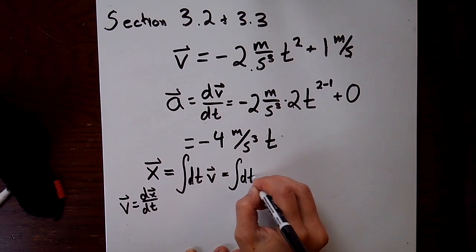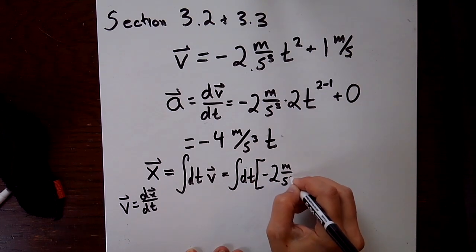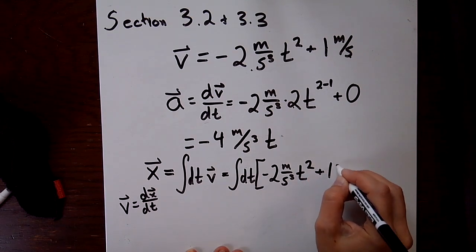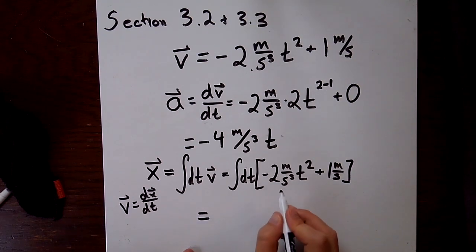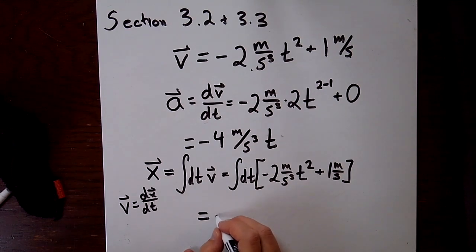So we will go ahead and do the integral of this velocity, -2 meters seconds to the third times t squared plus 1 meter per second. All right, and so integrals, we do the opposite of what we do for derivatives, and so that means we'll just keep these guys along for the ride.